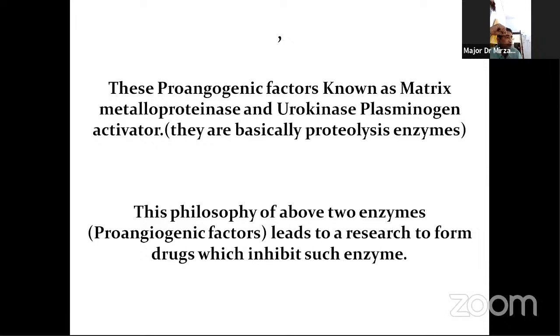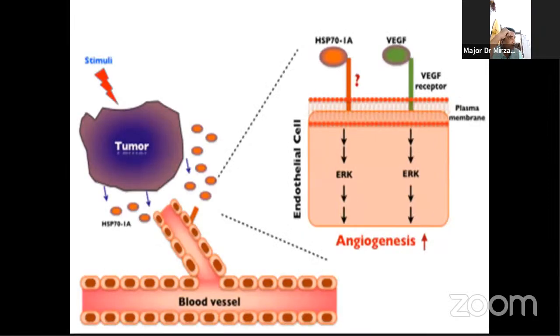And this process is stimulated by pro-angiogenic factors, which I told you about, like you see here in this slide. The stimulus is by the tumor, and then the tumor hits the parent venule, blood vessels. In the second part of the figure, you see the endothelial cells having a plasma membrane, and where do these receptors lie?